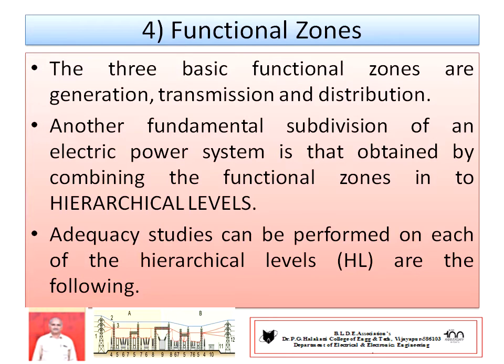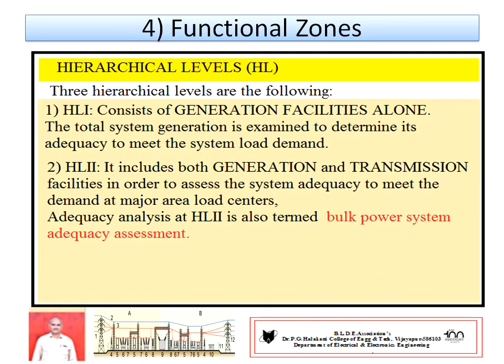From these functional zones, it is very important to study the adequacy levels which can be performed on each of the hierarchical levels, or in general HL levels. Which are the following? We have to discuss them one by one. Generally, three HL levels are available in a power system.